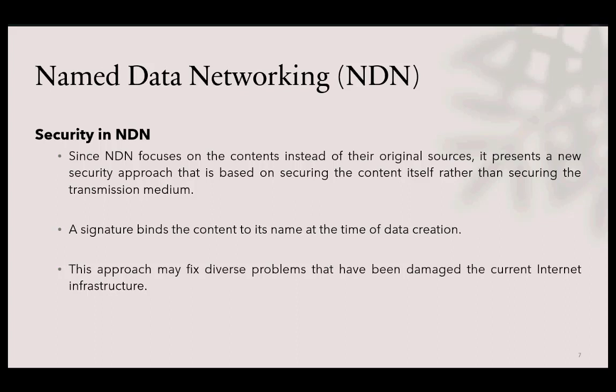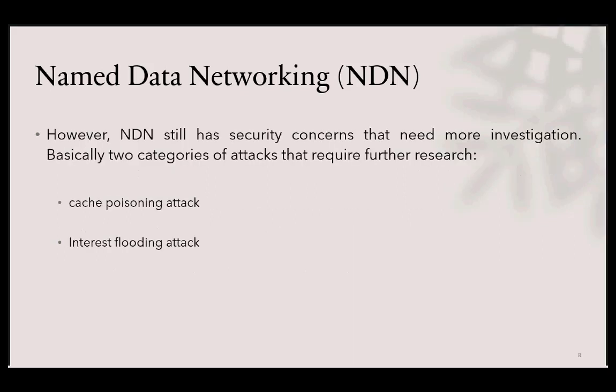This is done through a signature generated using the data producer's cryptographic key and carried by each data packet. Data signatures are required so applications cannot drop security. This approach may fix diverse problems that have damaged the current internet infrastructure.